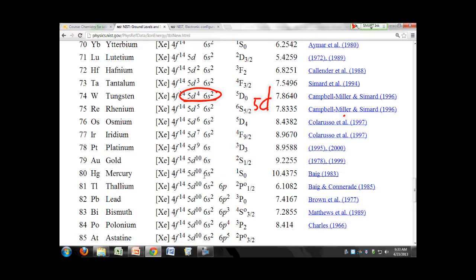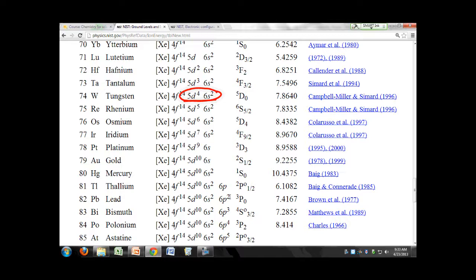You might have thought that if the argument that half-filled subshells have some kind of stability held, 5D5 6S1 would be the electron configuration for tungsten, but it's not. So I think the best thing as far as these are concerned is just to be aware that there are exceptions, memorize the ones that your teacher expects you to memorize, and just go with that. And I guess you could memorize a typical explanation, but just be aware that that explanation is not really something that works in every situation about the stability of half-filled and completely filled subshells.